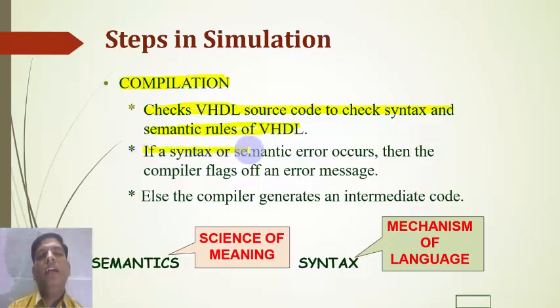If a syntax or semantic error occurs, then the compiler flags an error message. Else the compiler generates an intermediate code.